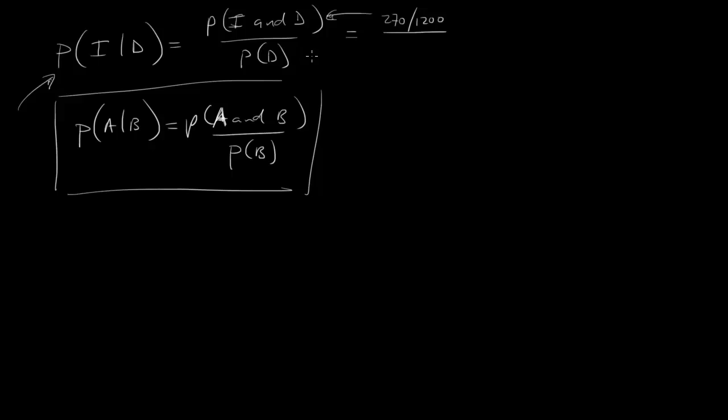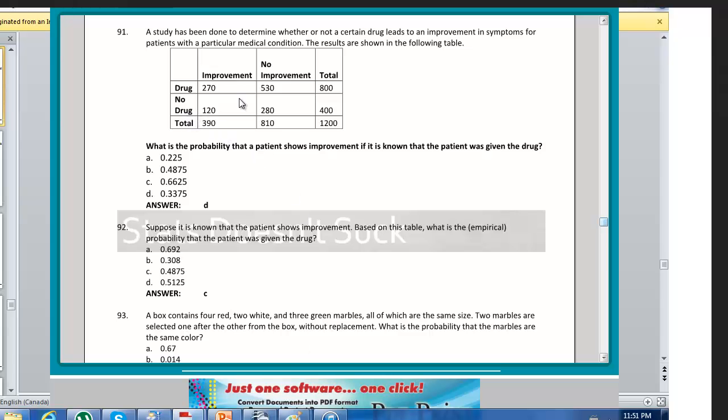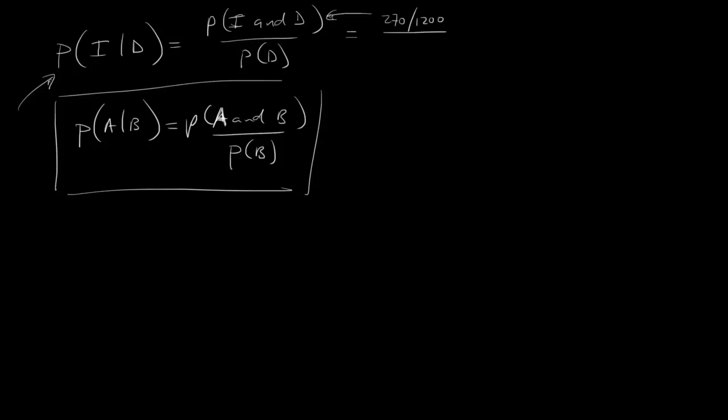Then what is the probability of D? For D, it's just 800 out of 1200 people take the drug. So in the end, let's see what this calculates out to.